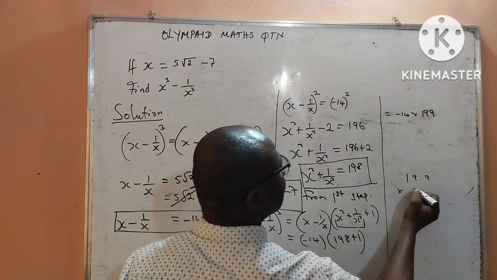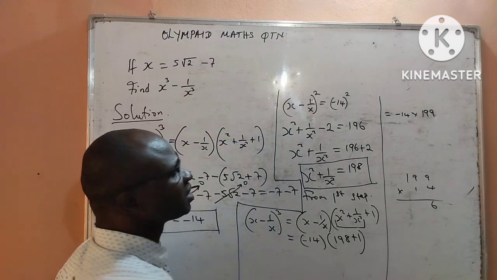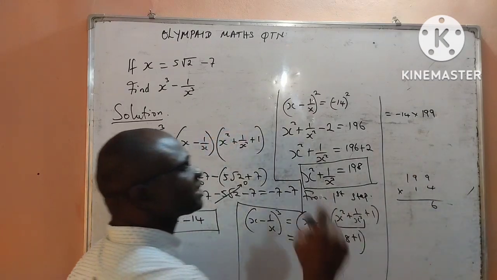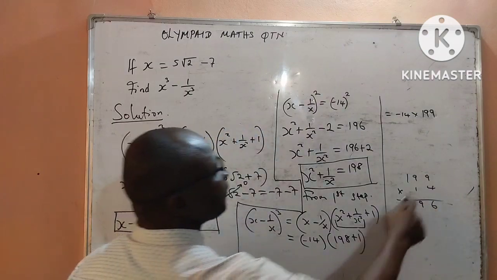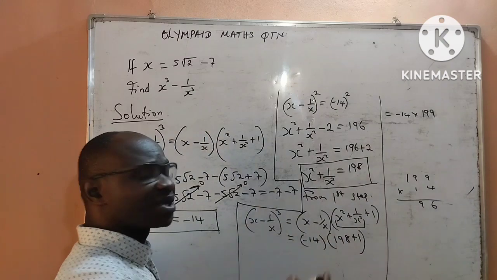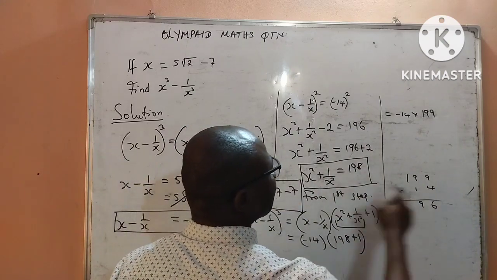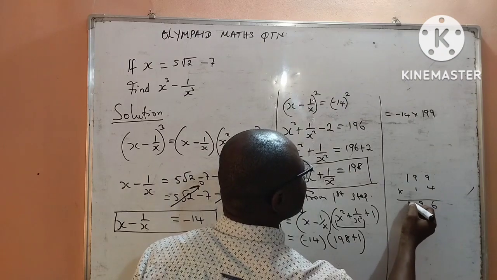199 multiplied by 14. 4 times 9 is 36. 4 times 9 again is 36 plus 3, that is 39. We carry 3, 4 times 1 here is 4, then plus 3 will give us 7.